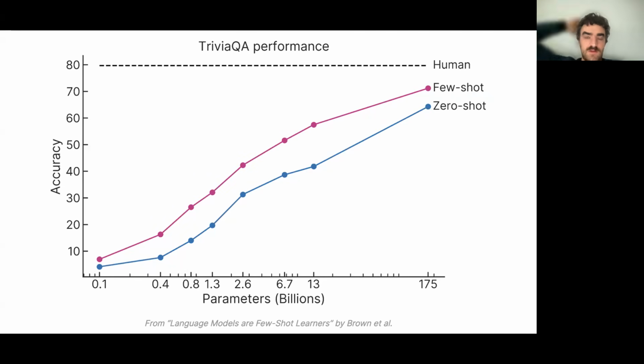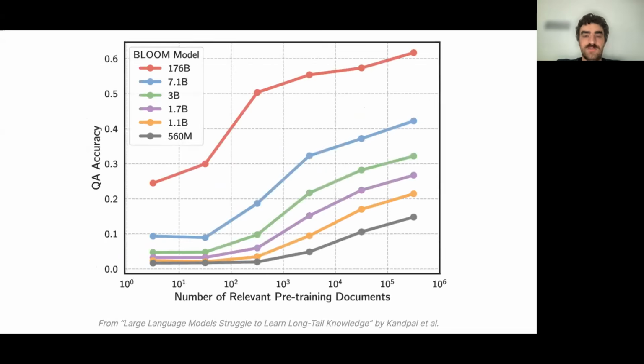This goes back to the question from way earlier in the talk as to whether the language model is better at performing tasks that it saw implicitly during pre-training. Now let's ask, is the language model better at learning facts that it was exposed to during pre-training more frequently? And of course, as you might expect, the answer is yes.